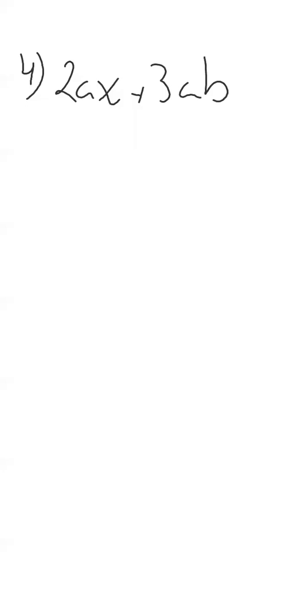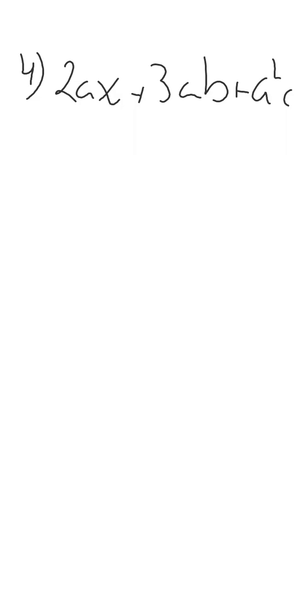Part 4. We have 2ax plus 3ab plus a squared c. Simply, now all of them contain a, but of course now we need to take the lower one, the smaller one.